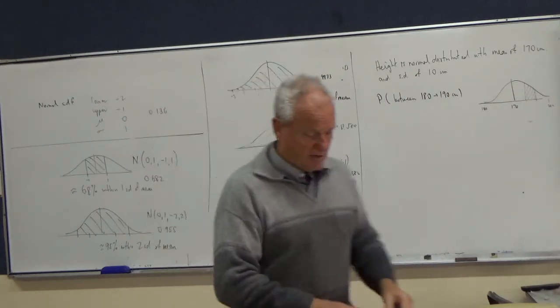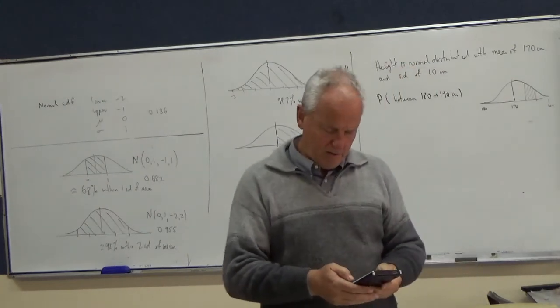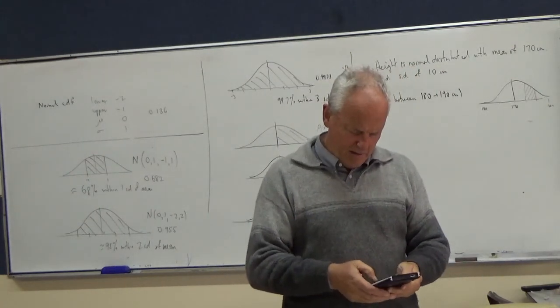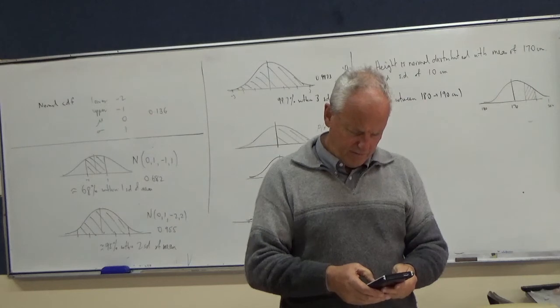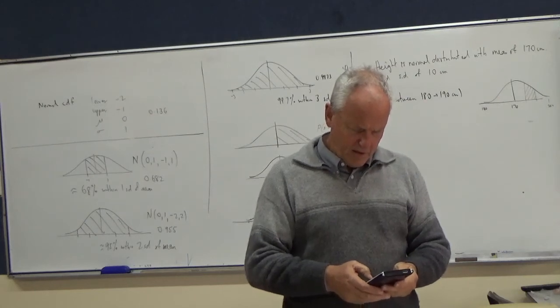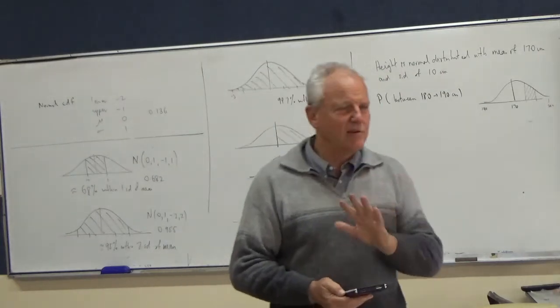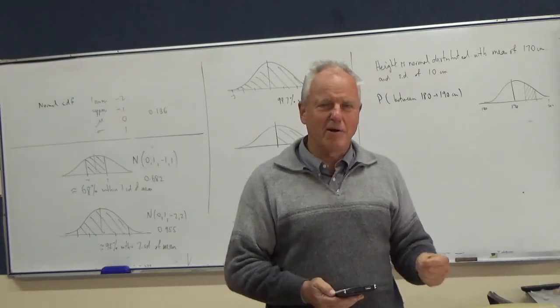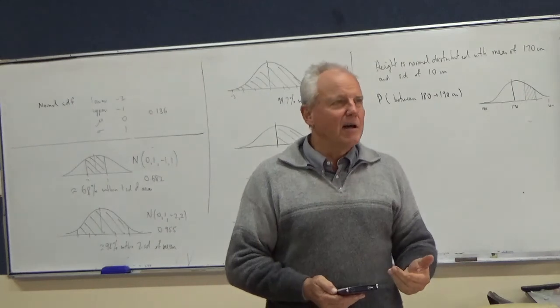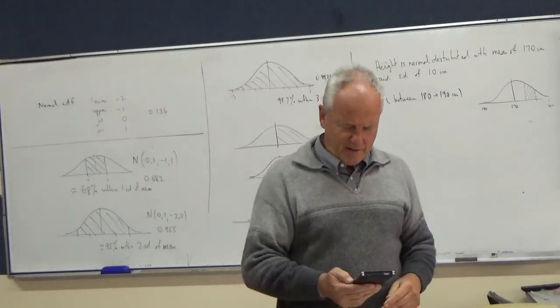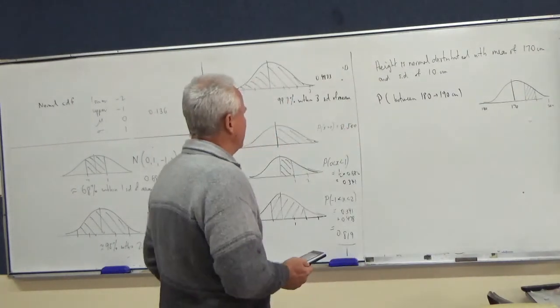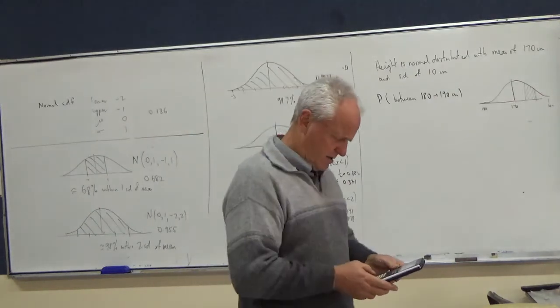So, again, using your calculator. Okay. 5, 5, 2. So I've got a normal CDF. Again, PDF, not going to use that for normal. Binomial, you use both. Normal, just the CDF. Okay. Lower bound, 180.